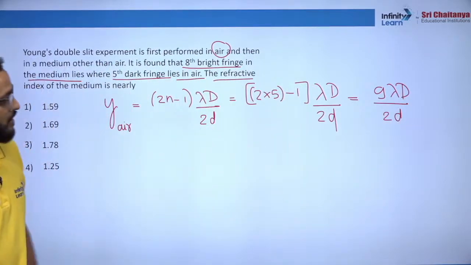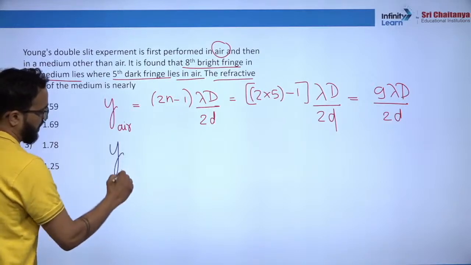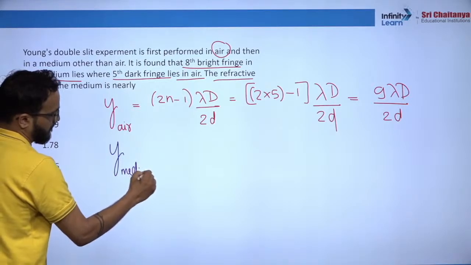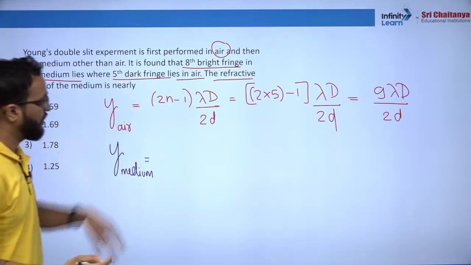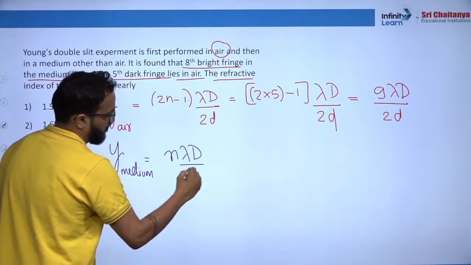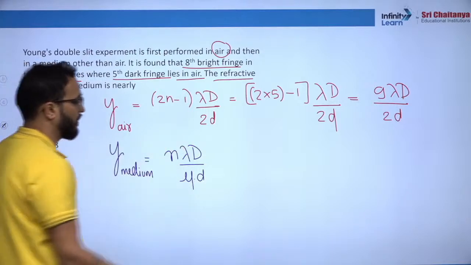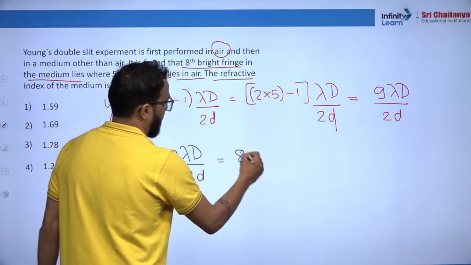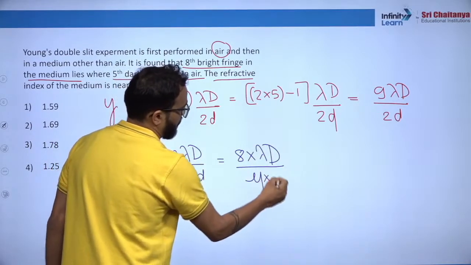Now let's talk about the other medium. They are talking about the 8th bright fringe. So this is n lambda D by mu times d, because lambda changes from lambda to lambda by mu. So it will be 8 into lambda D upon mu into small d.